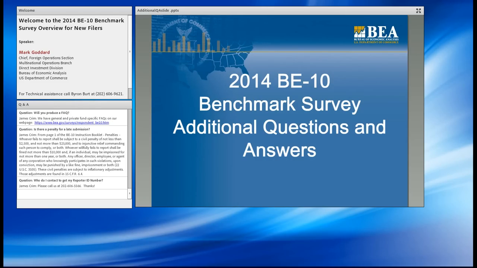All right, must first-time filers' paper reports be postmarked by May 29th or received by the BEA by May 29th? We would like to have these forms received in our office location by May 29th. However, if they are postmarked by May 29th, then that is not going to be a complete problem.